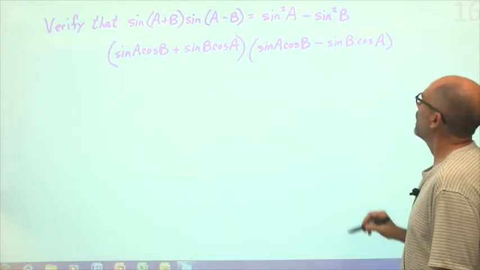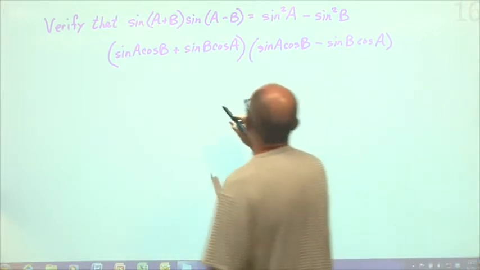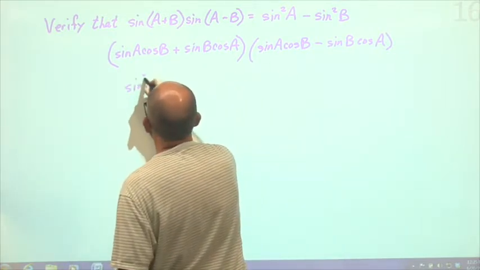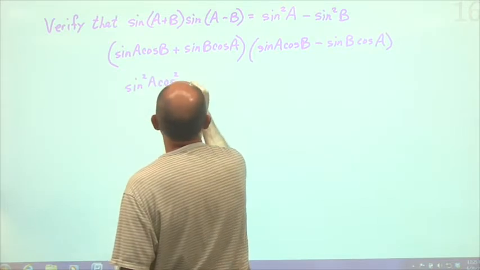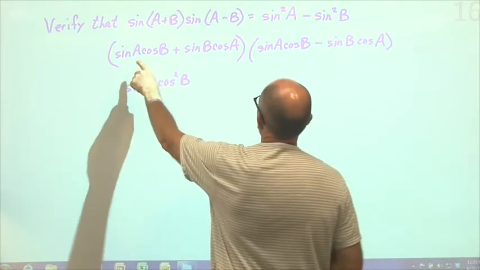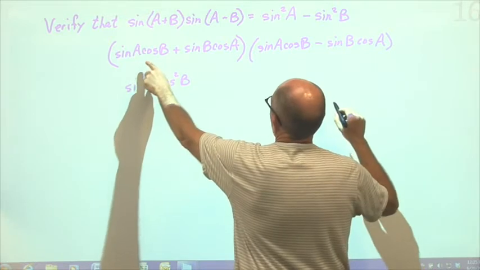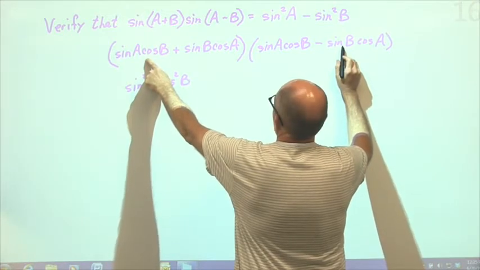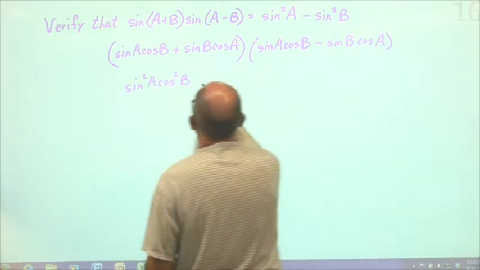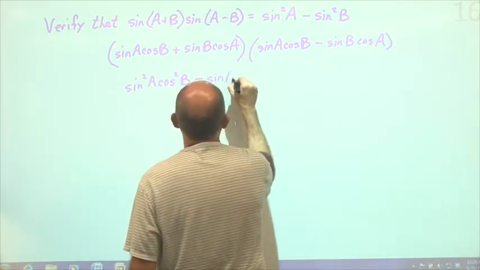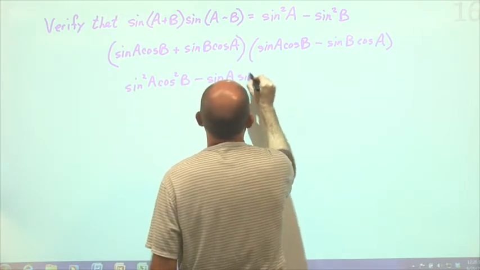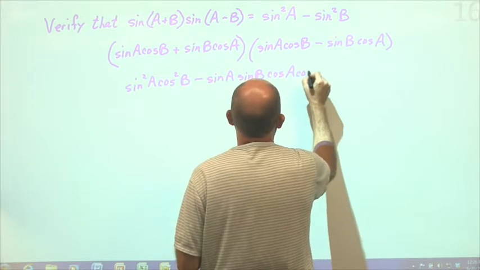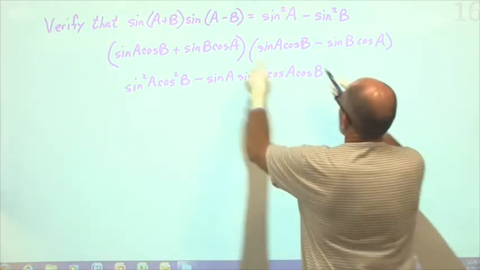All right, so when we FOIL this, we get sine A cosine B times sine A cosine B, which is sine squared A cosine squared B. Now, we're going to go plus, well, no, let's stick with this one, minus sine A sine B cosine B cosine A. So minus sine A sine B cosine A cosine B. Okay, now we go the two inner ones now.